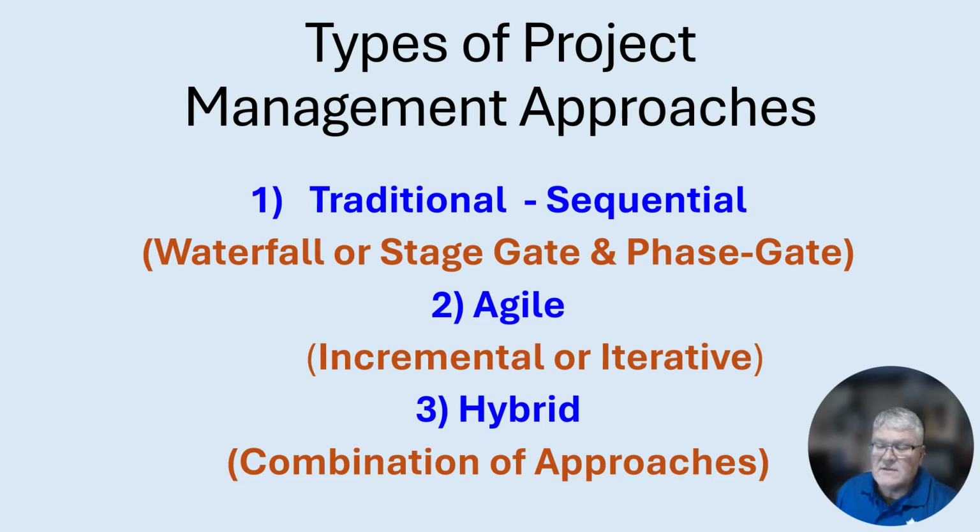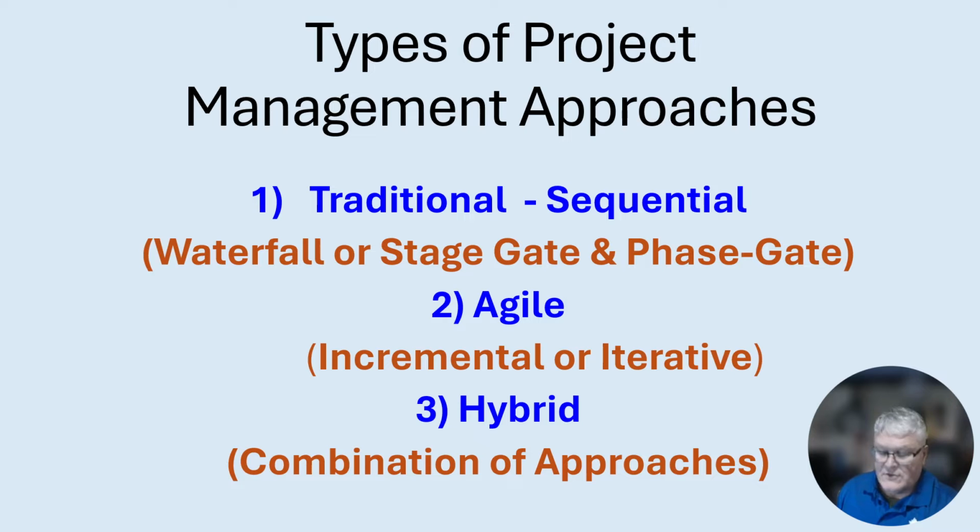In this slide, I'd like to talk about the different types of life cycle approaches. The first approach is considered a predictive approach. It's also called the traditional approach and a sequential approach to project management. Other terminology associated with it is the waterfall approach or the stage gate or phase gate approach.